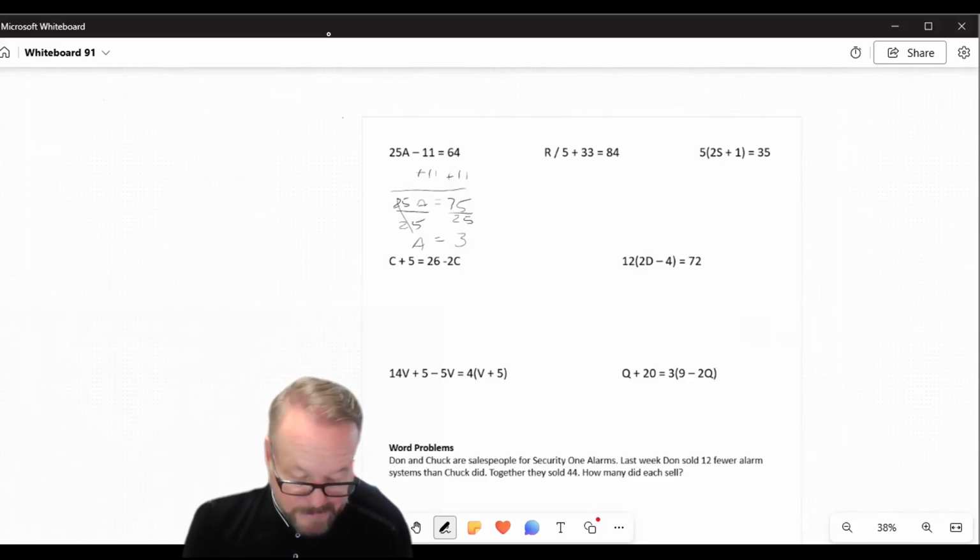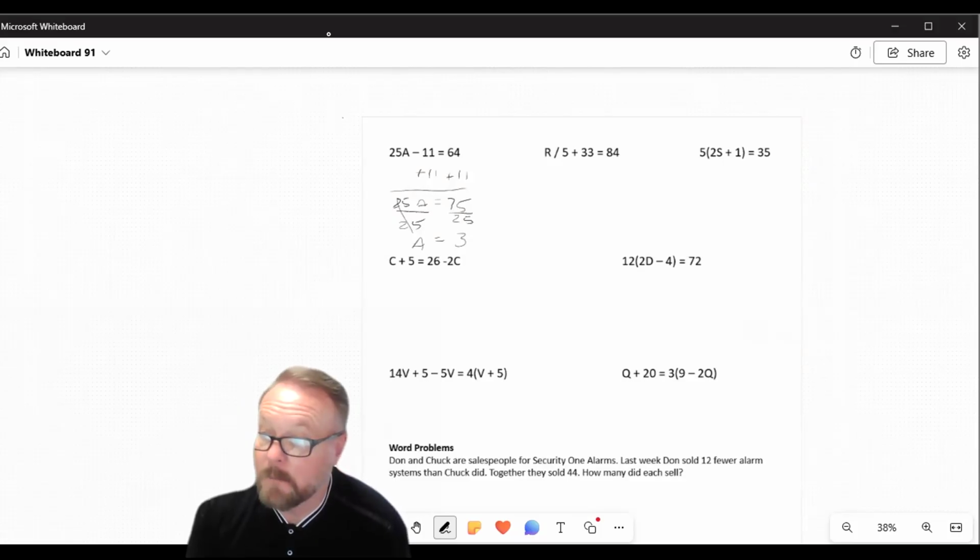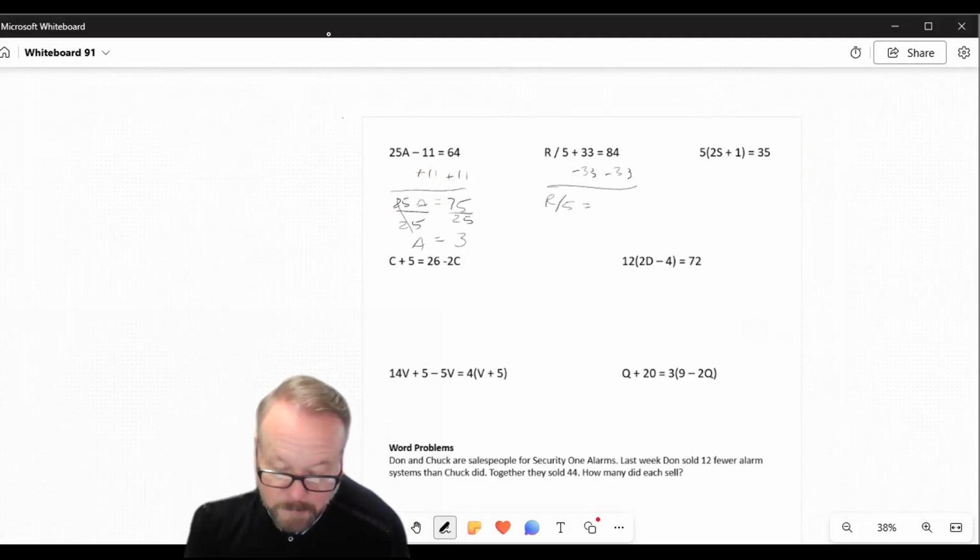Let's see, I'm trying to make sure. Okay, so then we get to this problem here. We're going to minus 33 from both sides in order to isolate the variable, which is R/5. So now R/5 equals 51.